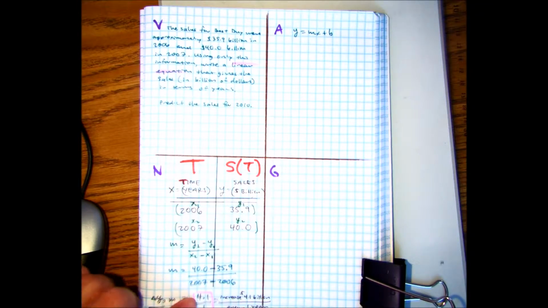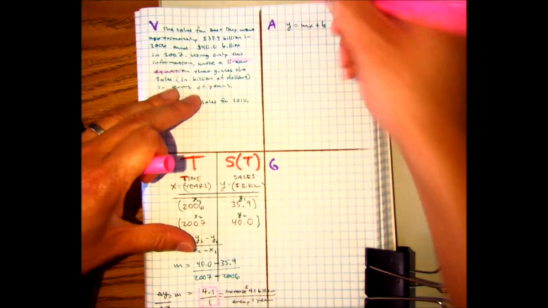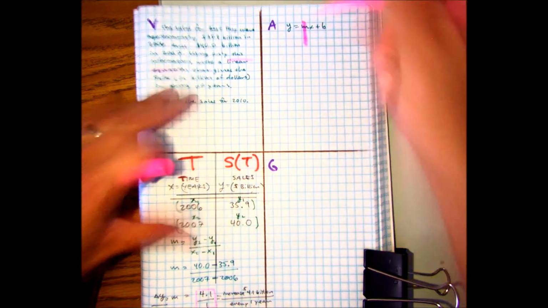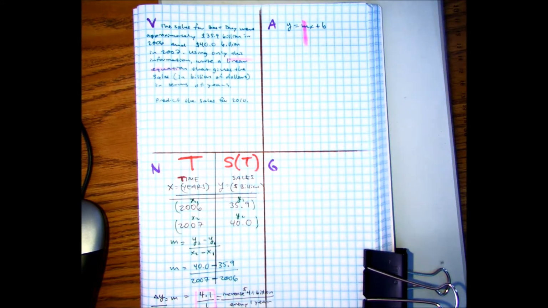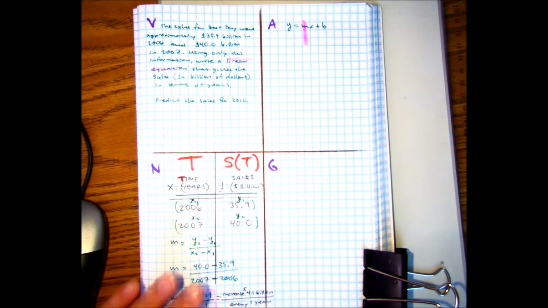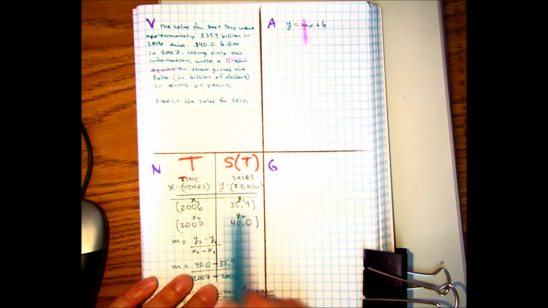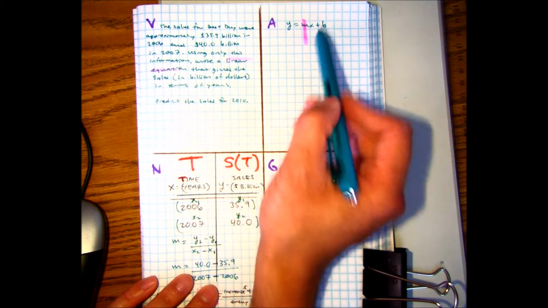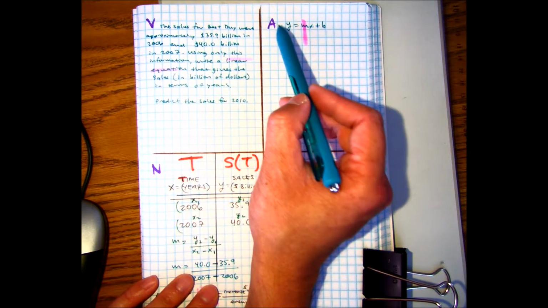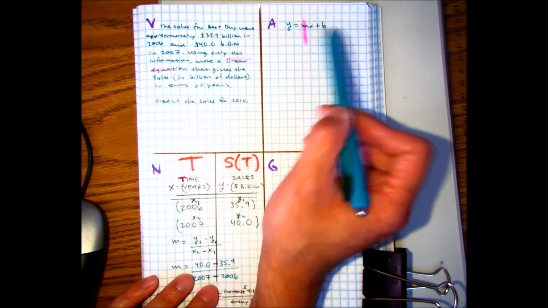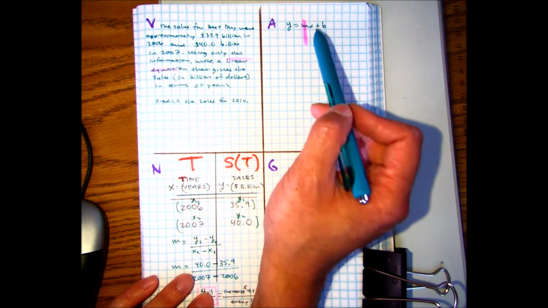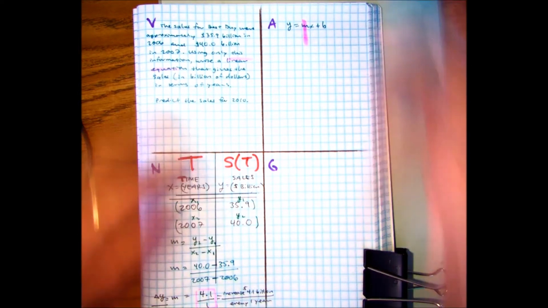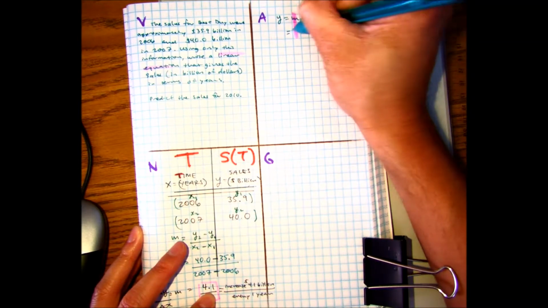We're going to take our slope of 4.1. We need to pick one of these ordered pairs to substitute in for the x and the y. We'll solve for the b, so we'll have an m and a b, and that'll be our equation. Okay? So I have 4.1.